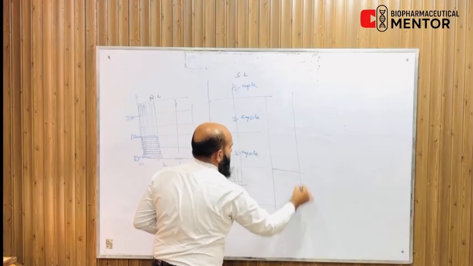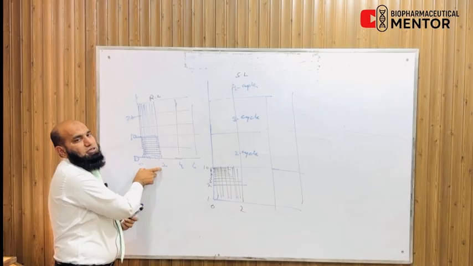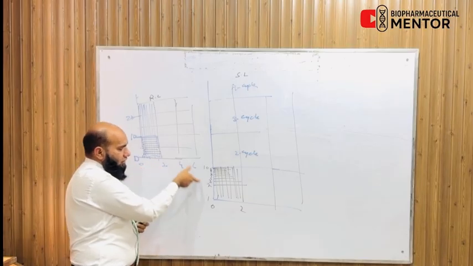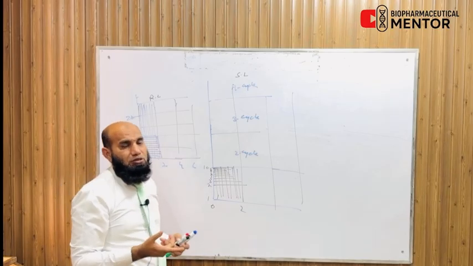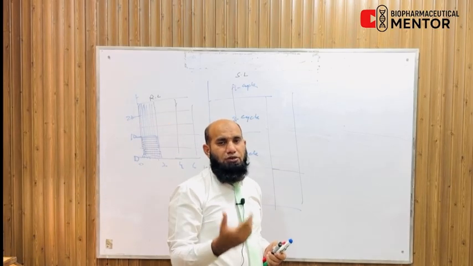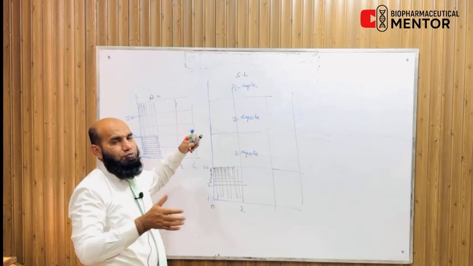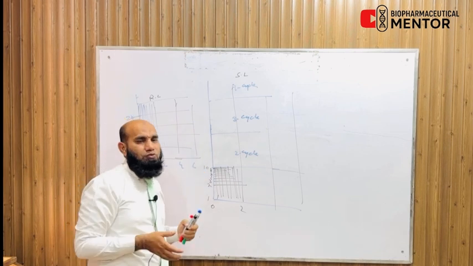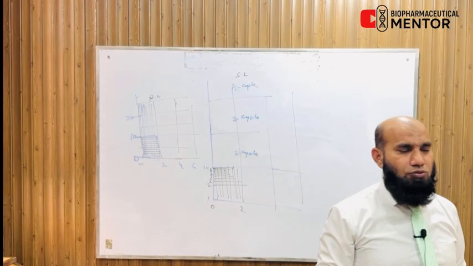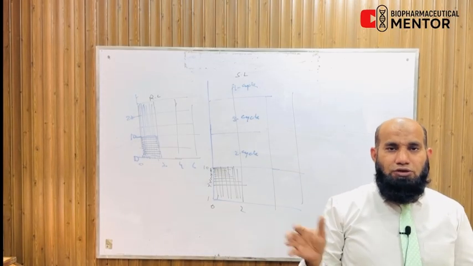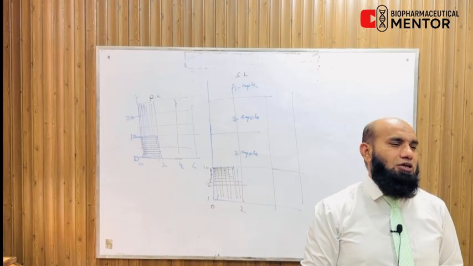On the x-axis we have the same as the rectilinear, for example, 0 and 2, then another box, and another box. But on the y-axis, we have a difference in the scale. By getting the difference in the scale, we have a larger difference between 1 and 2 and a smaller difference between 9 and 10. The main reason is that when we take the logarithmic values of 1 and 2, we will have a larger difference, and in case of 9 and 10, by taking the logarithm of both, we will have a smaller difference.